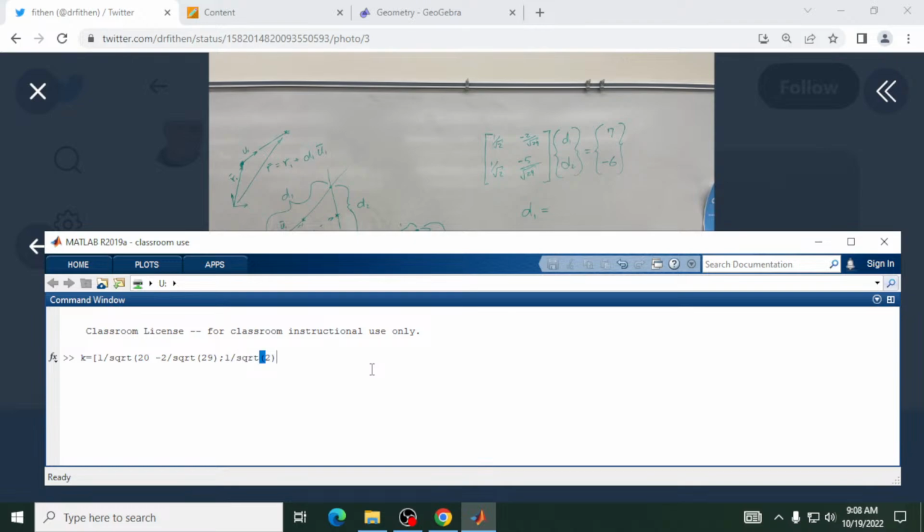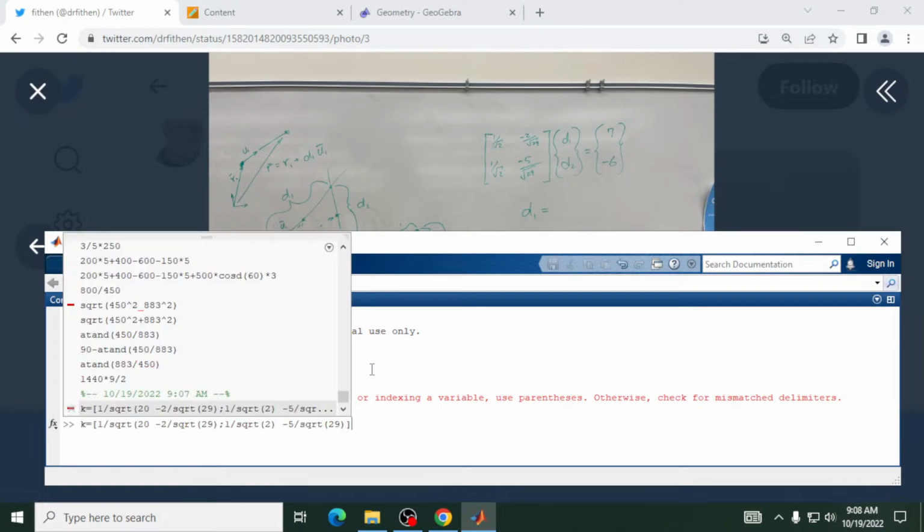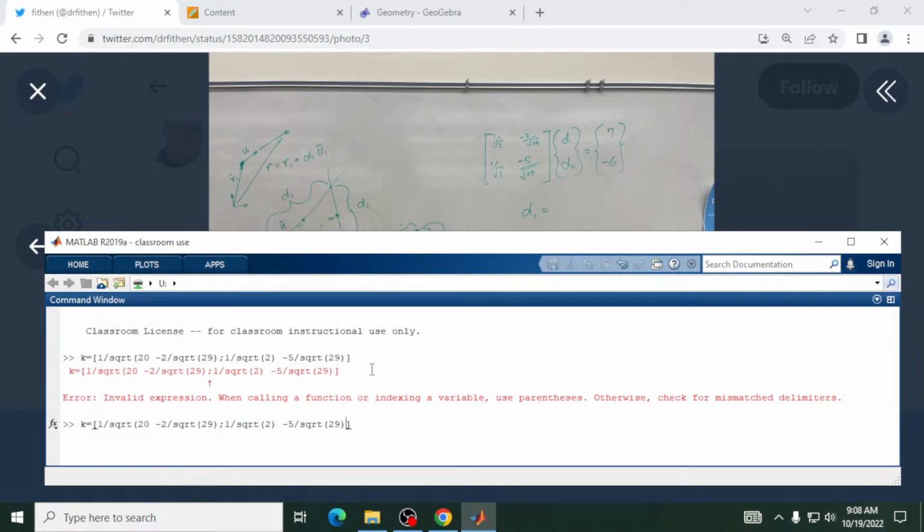Now, it could be that I did something wrong, but I should have done this before class, but okay. Oop. What did I mistype? I don't see it. Let's see. Invalid. Oh, well, I should have hit a shift key right there.